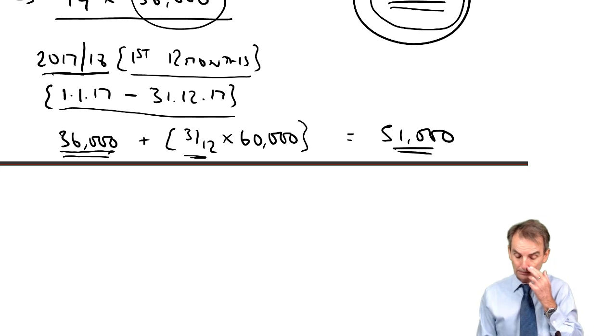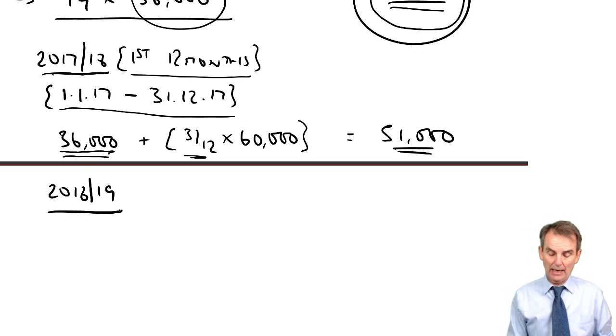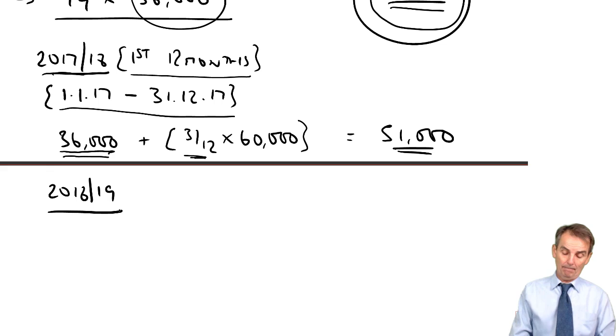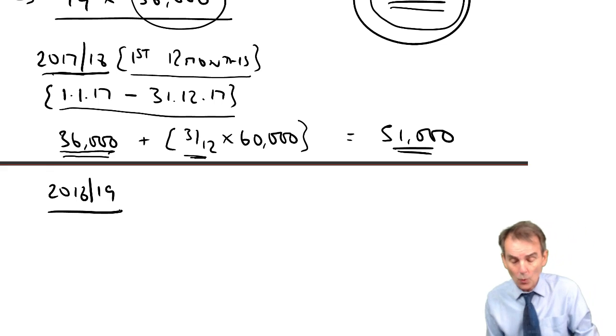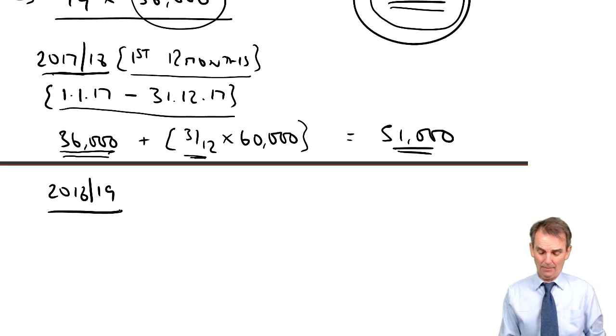We move then to the third tax year, 2018-19. Now, by now, we're hopeful that we will at least be able to use CYB. So question, do we have an accounting year ended in the 2018-19 tax year?